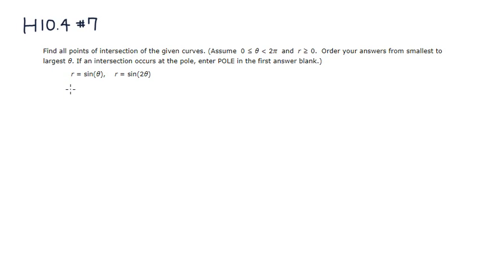So we have sine of theta is equal to sine of 2 theta, right? Sine of 2 theta, we can use one of the trig identities: it's the same thing as 2 sine of theta cosine of theta, right?